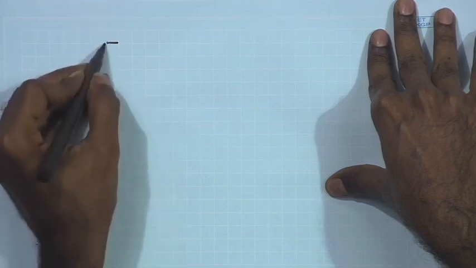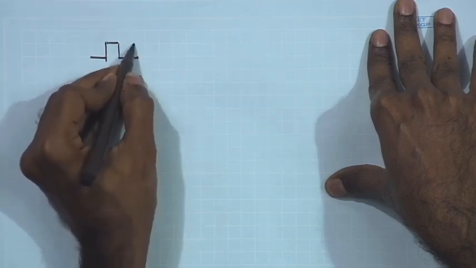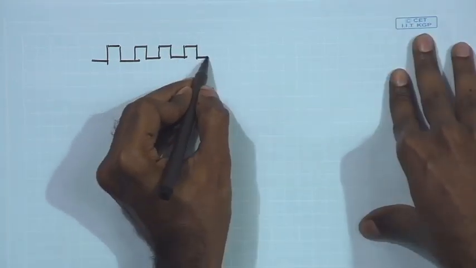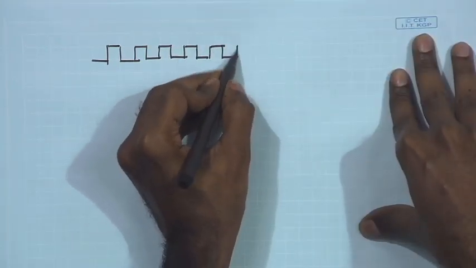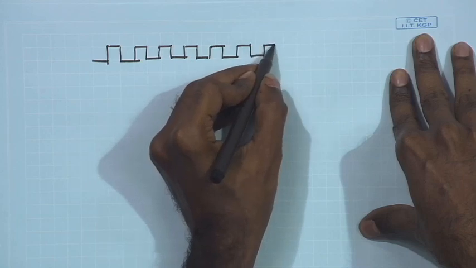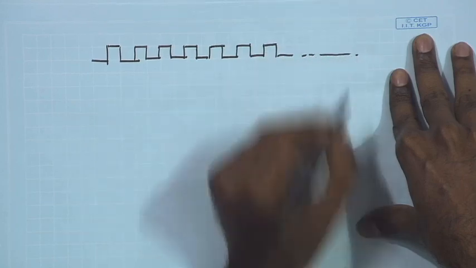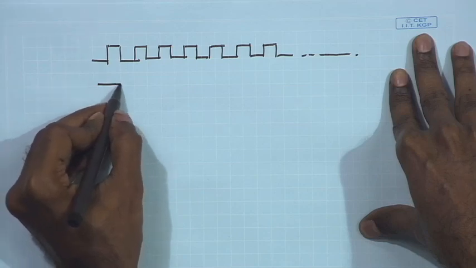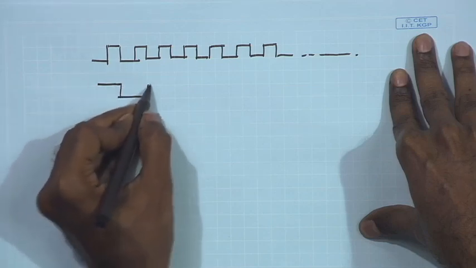So, if I look at the waveform once again, and this is the main clock, which is the high frequency clock, and these are the outputs of the flip flops, individual flip flops.